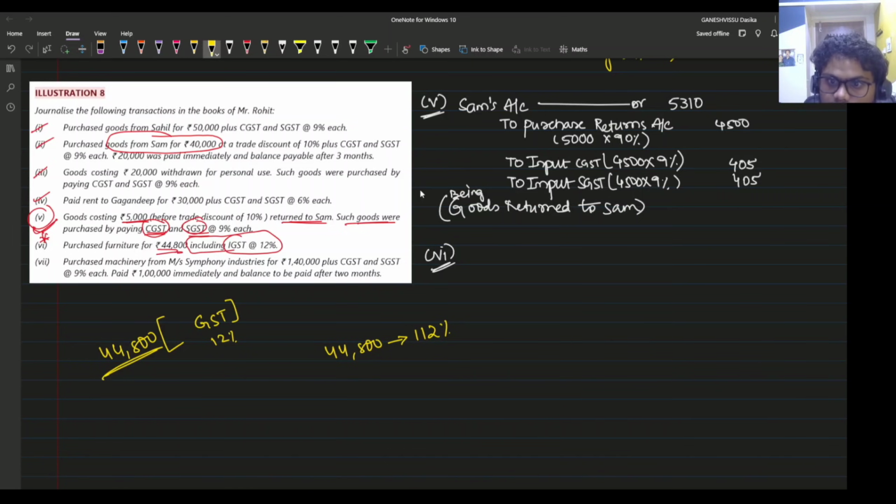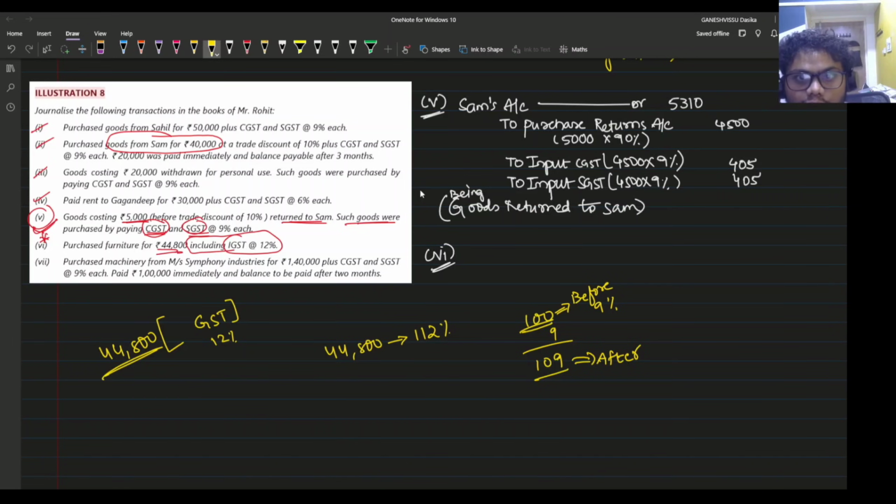Simply let me explain to you. On 100 rupees, let us say, on which we are also paying 9%. On 100 rupees, what would be the 9% value? 9. So this is the before amount, and this is the after amount. While I am purchasing, the value of the goods is 100 rupees, on which I have to pay 9% GST.